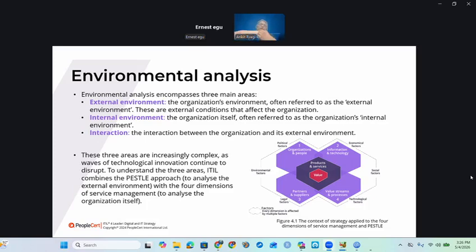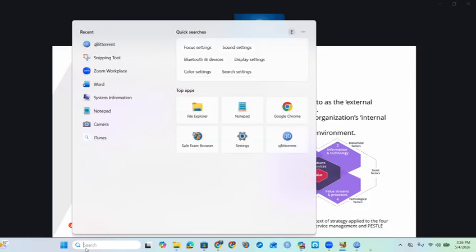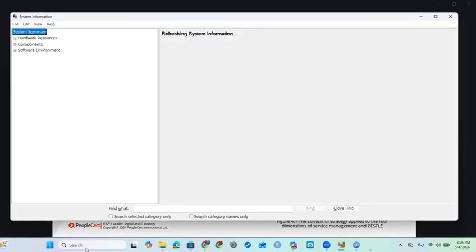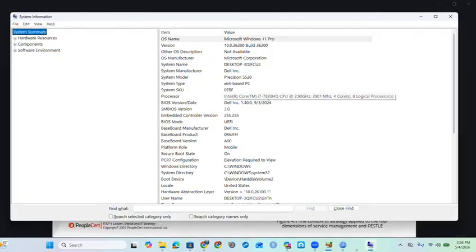Similarly, the internal environment, which is the organization itself, often referred to as an organization's internal environment. Of course, the 4 dimensions that we have here: the organization and people, information and technology, partners and suppliers, and value streams and processes, and the interaction between the organization and its external environment.